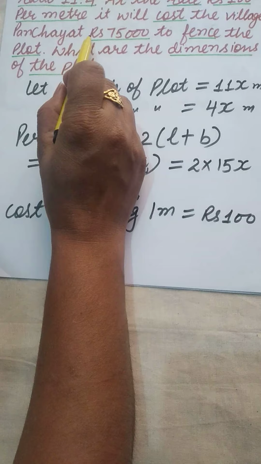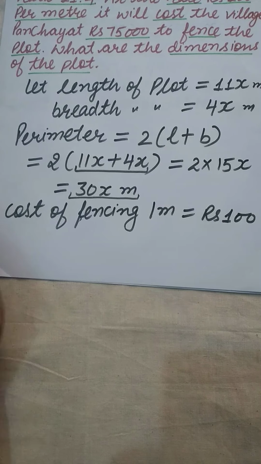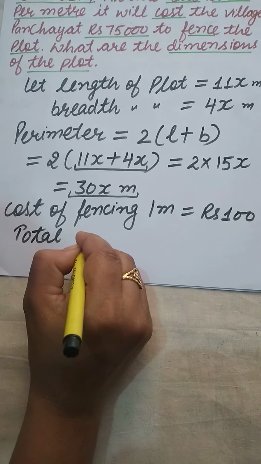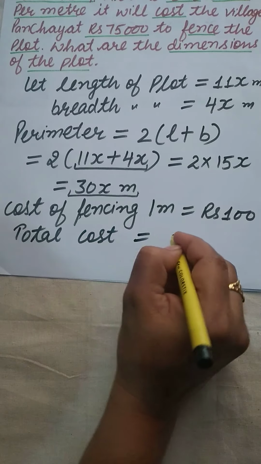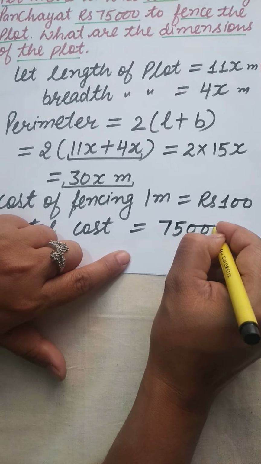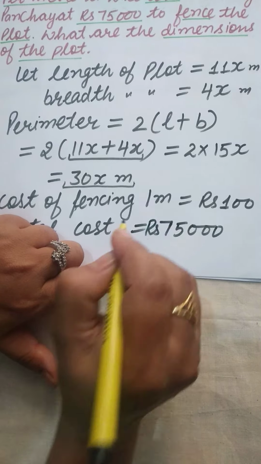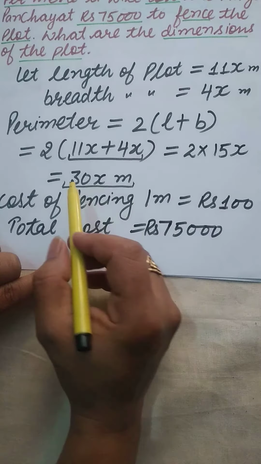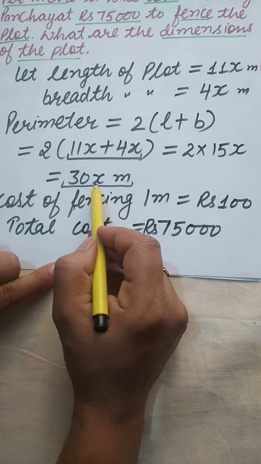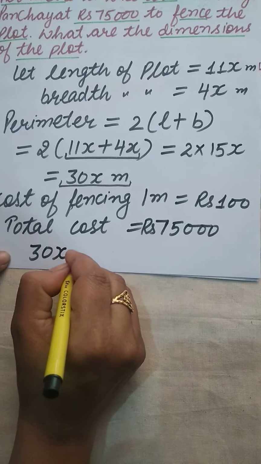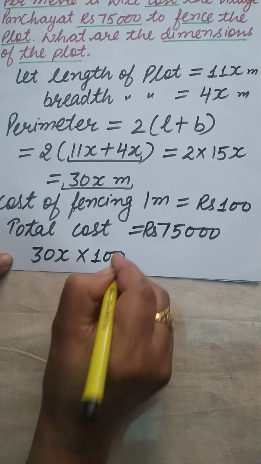So the total cost is given, which is 75,000. For 1 meter it is rupees 100. We are to find for 30x. So it will be 30x multiplied by 100.